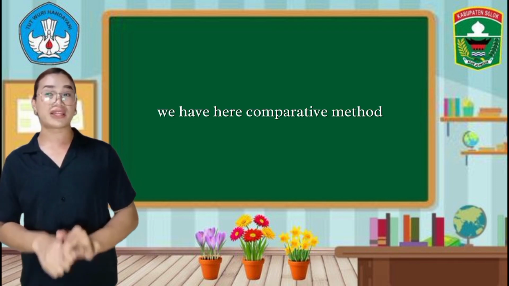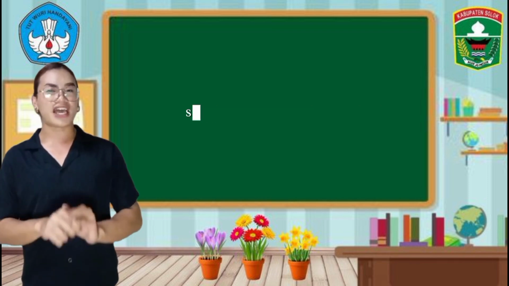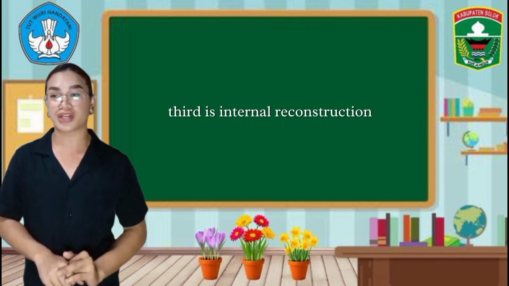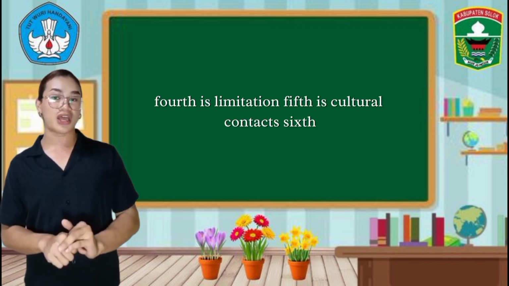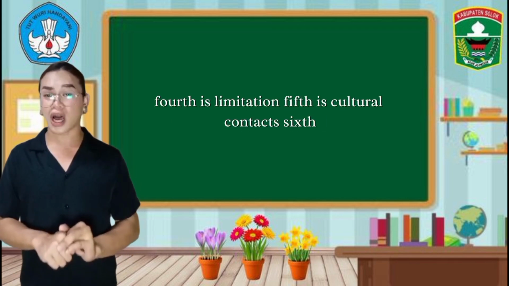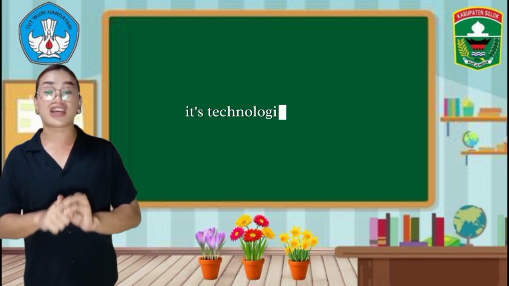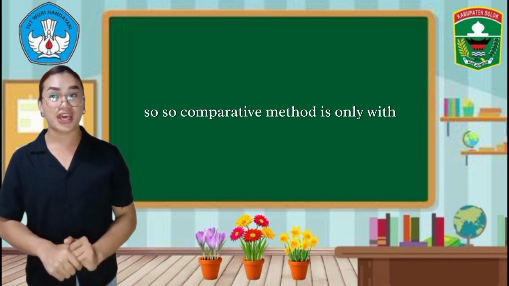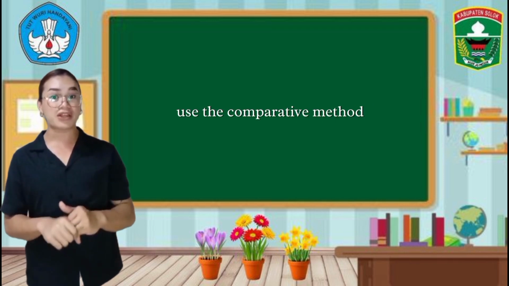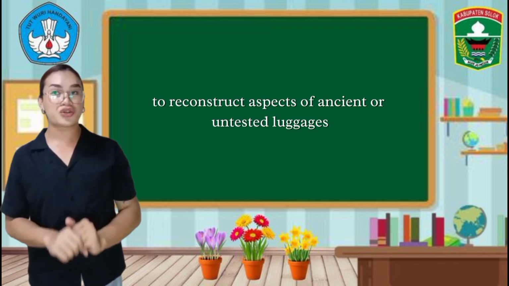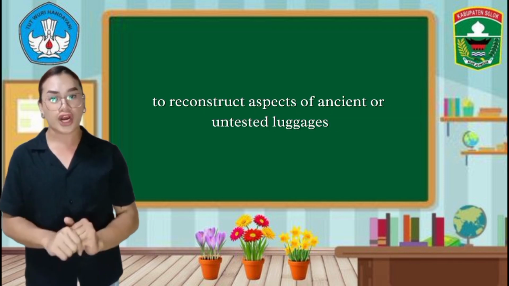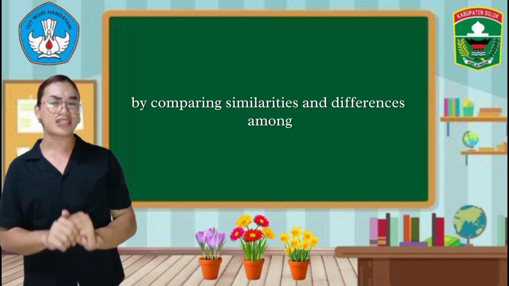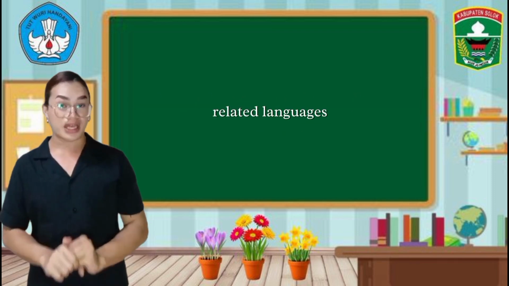We have here the comparative method, second is proto-languages, third is internal reconstruction, fourth is limitations, fifth is cultural context, sixth is technological advances. The comparative method is where linguists reconstruct aspects of ancient or unattested languages by comparing similarities and differences among related languages.